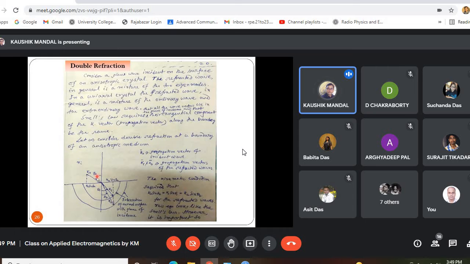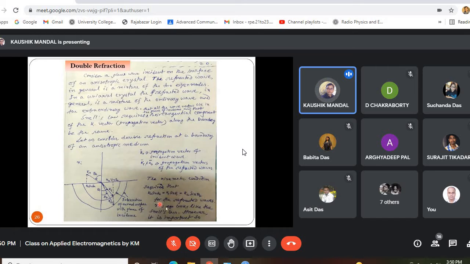If the incident angle is theta 0 and the corresponding propagation vector is k0, and similarly for the two surfaces in the lower, anisotropic medium we have k1 and k2, then if they follow Snell's law, k0 sine theta 0 equals k1 sine theta 1 equals k2 sine theta 2.